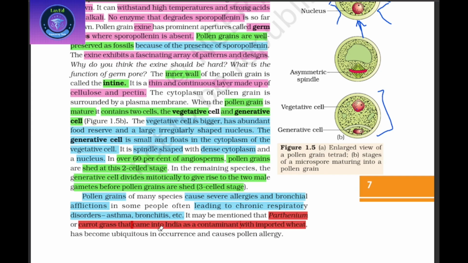This is an important point, and a line that comes in another chapter as well. This is the first impact: allergies, infections, etc.